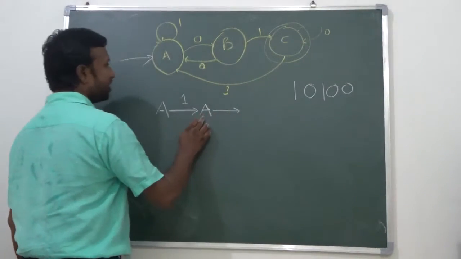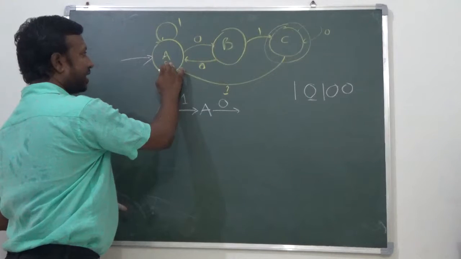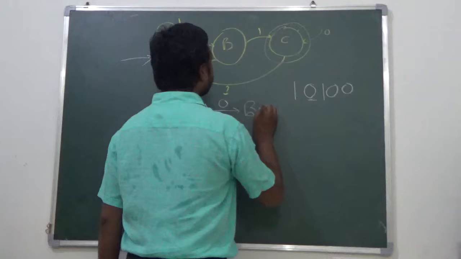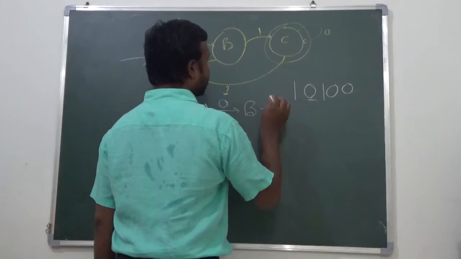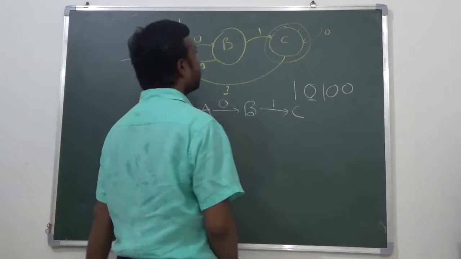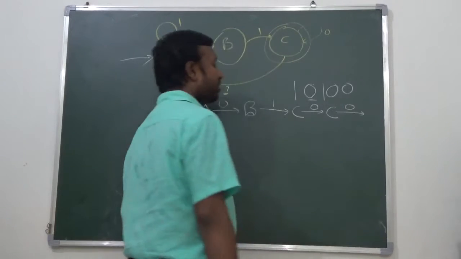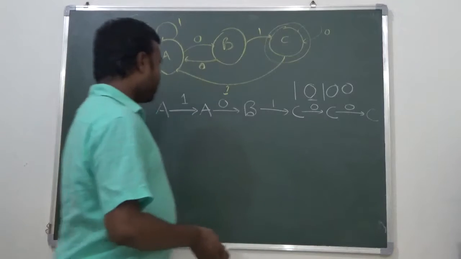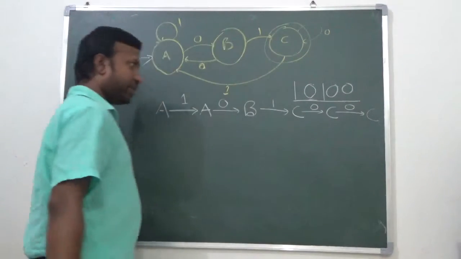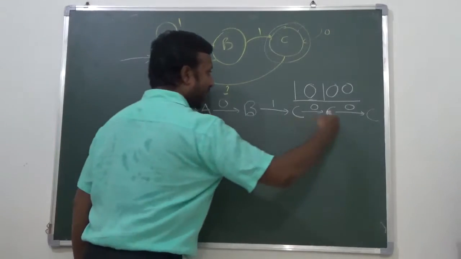Again, if we look at this machine and we need to process this 0, then again the machine has no confusion that when it is in the state A getting a symbol 0, it will go to the state B. Then again, if there is a 1 from B, then again there is no confusion, the machine will go to the state C. Then the machine will process 0 from C, it will stay in the state C. Again there is no confusion, and then if it is the final 0, the machine is going to the state C. So if we look at the computation, or the way the machine is determining the result about this input, then we feel that it follows a line, right?